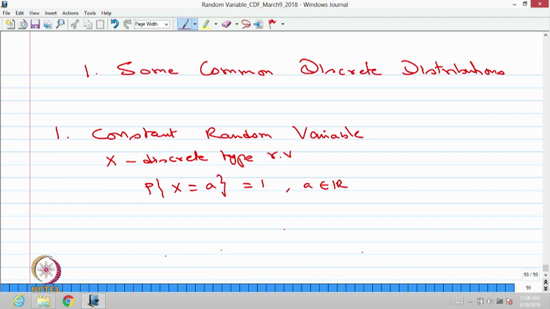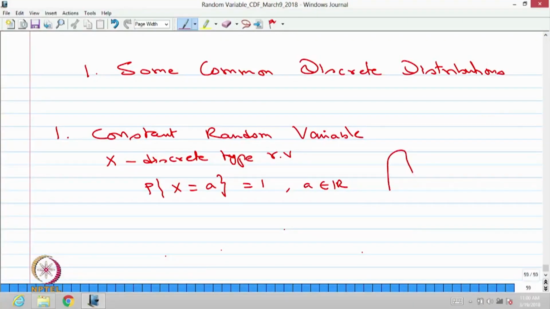That means in a random experiment you may have a sample space with finite elements, or countably infinite or uncountably many elements. The way the real valued function is mapped from omega to R, it is a many to one function.